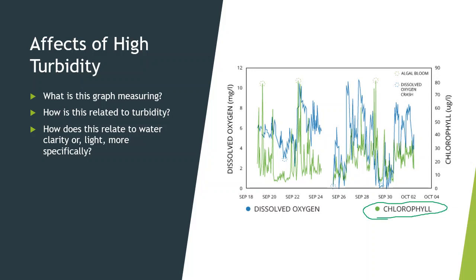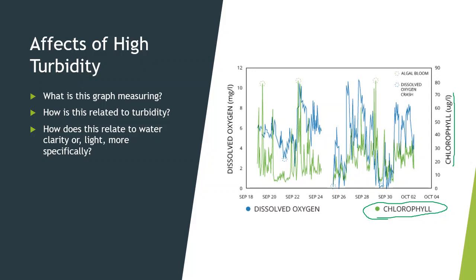Now, this may seem to be an even more confusing graph just because the lines are literally all over the place, but let's break this down. So we have our chlorophyll, and remember that the only side of the graph you should look at is this side. And this is measured in micrograms per liter.